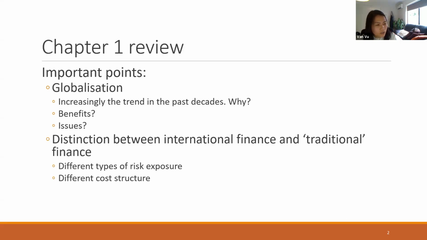Okay, so opening yourself to the international market also introduces different types of cost structure. Okay, opportunity sets. So if you can tap into the international market, you've got a bigger market. You have a bigger pool of potential customers to sell to. Okay.